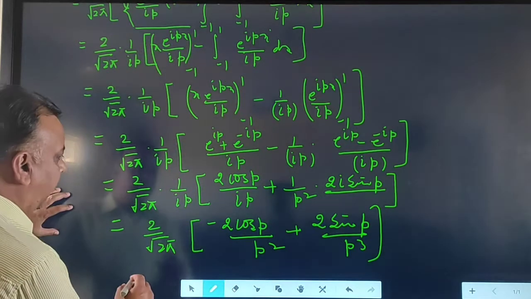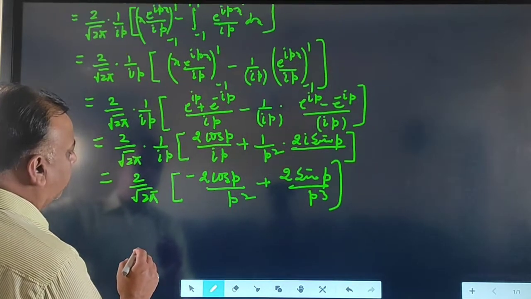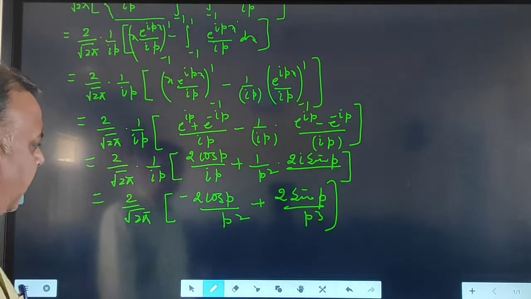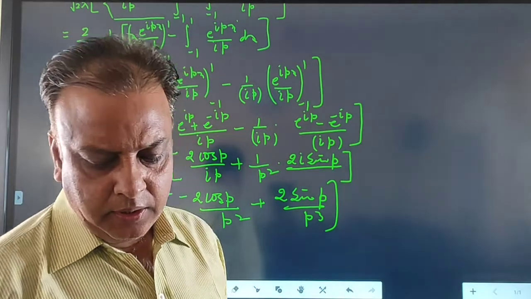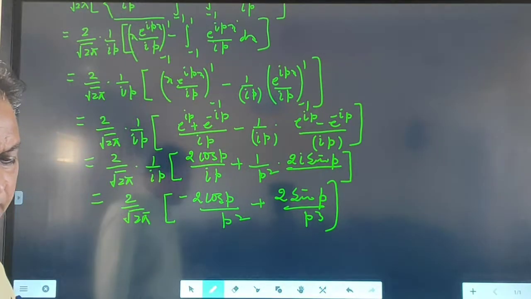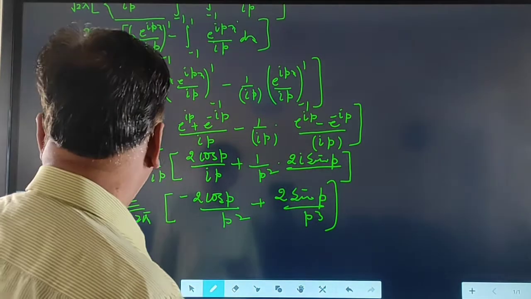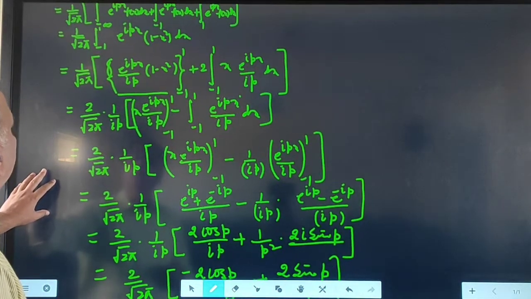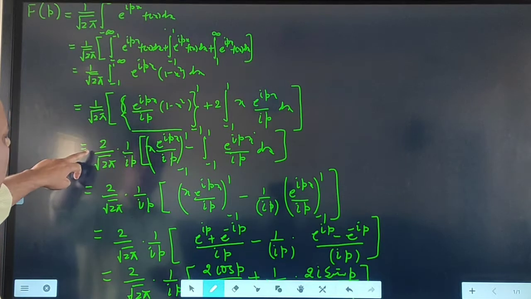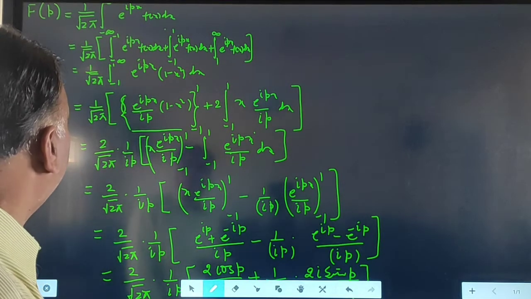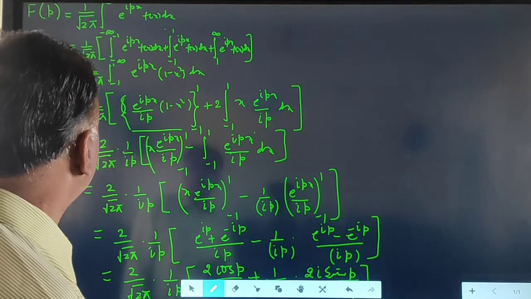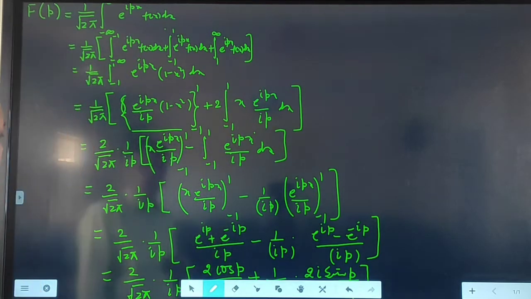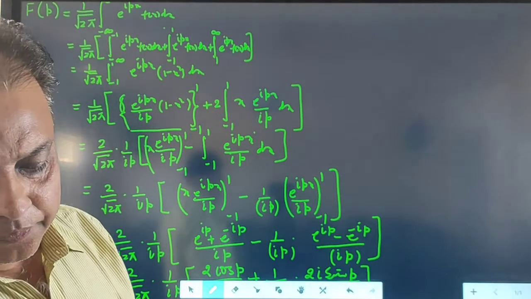So solving this one we get, if we take 2 outside this one, then we get 2 upon root 2 pi.